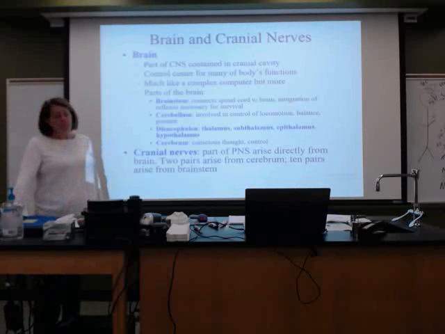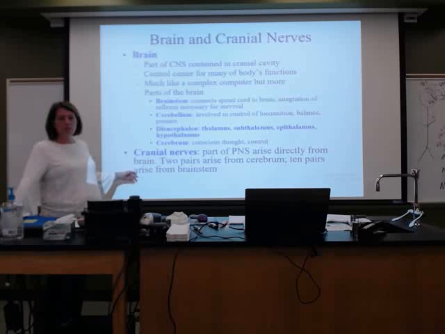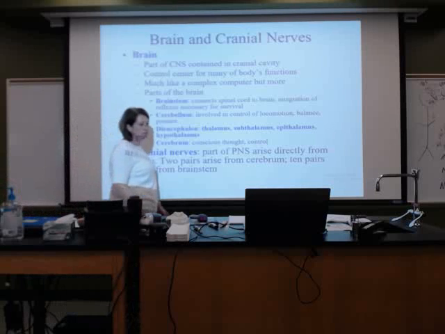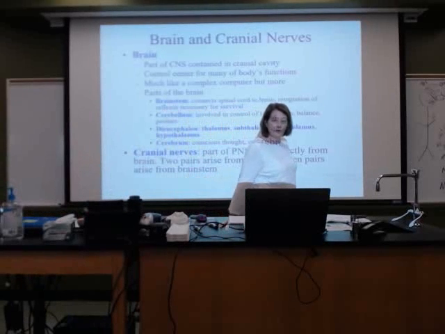Now, the cranial nerves. Note, they are peripheral because they exit. They do not stay within the central nervous system. So our cranial nerves are peripheral nerves. They come directly from the brain.